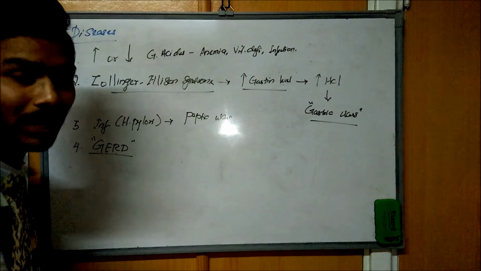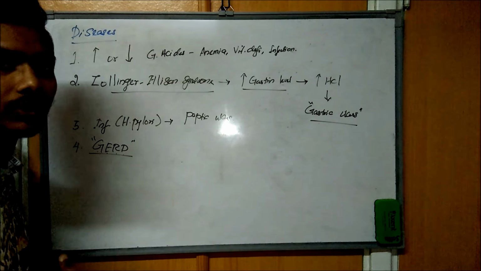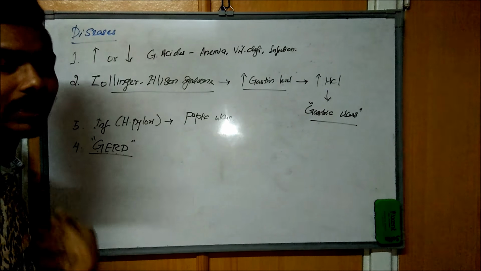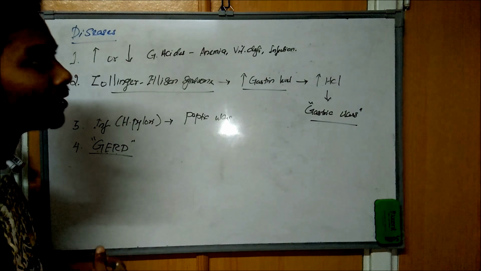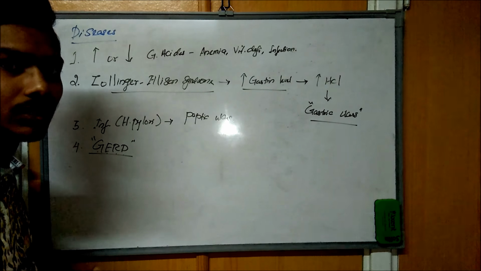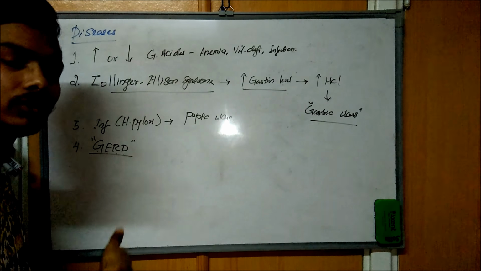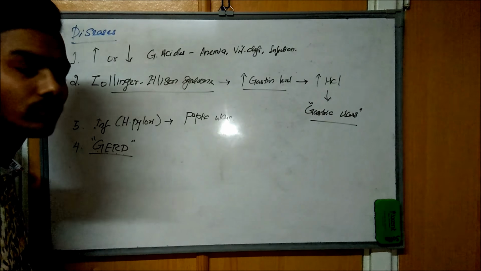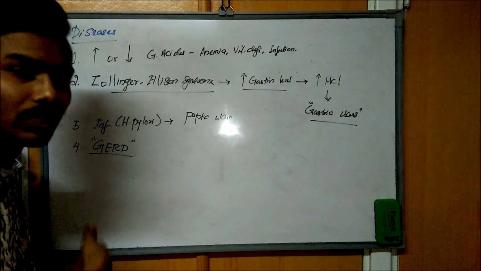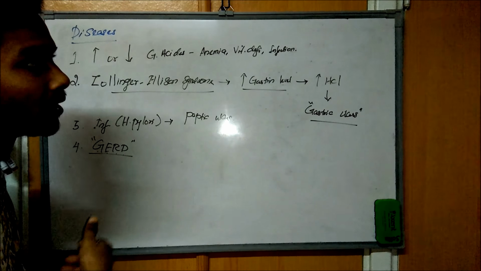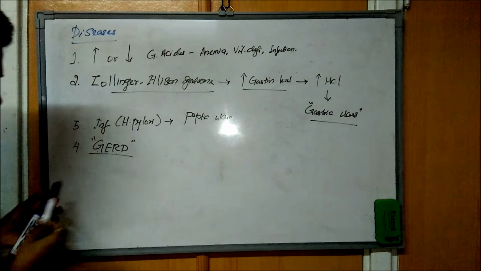It leads to backflow of the gastric juices from the stomach to the esophagus or from the stomach to the duodenum. When it goes from the stomach to the duodenum, it leads to peptic ulcer. When the acid goes from the stomach to the esophagus, it leads to heartburn. So that is GERD syndrome.